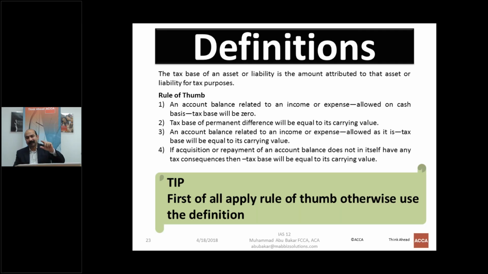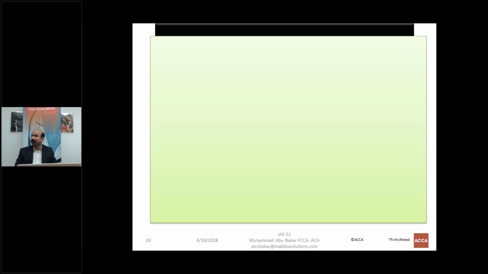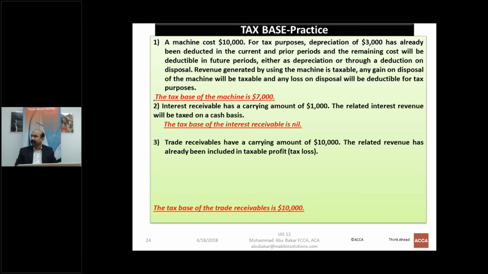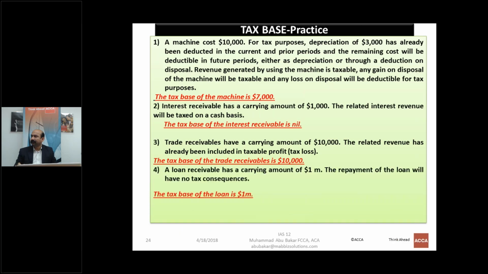So for that loan, its tax base will be equal to its carrying amount. In simple terms, I'm not talking about hybrid instruments or things like that. We will be discussing them separately. But for a simple loan, its carrying value will be equal to its tax base. So this principle applies to this example, and the tax base of the loan will be equal to 1 million.